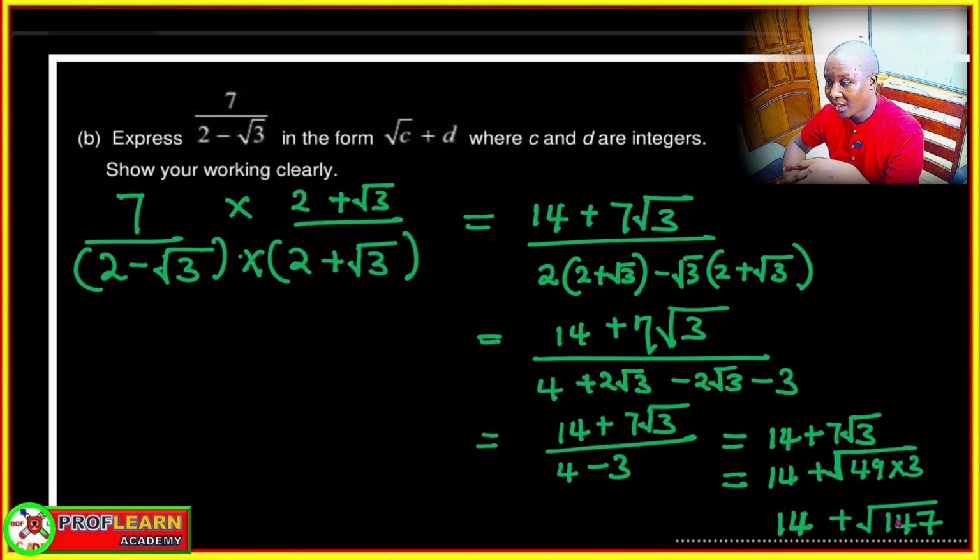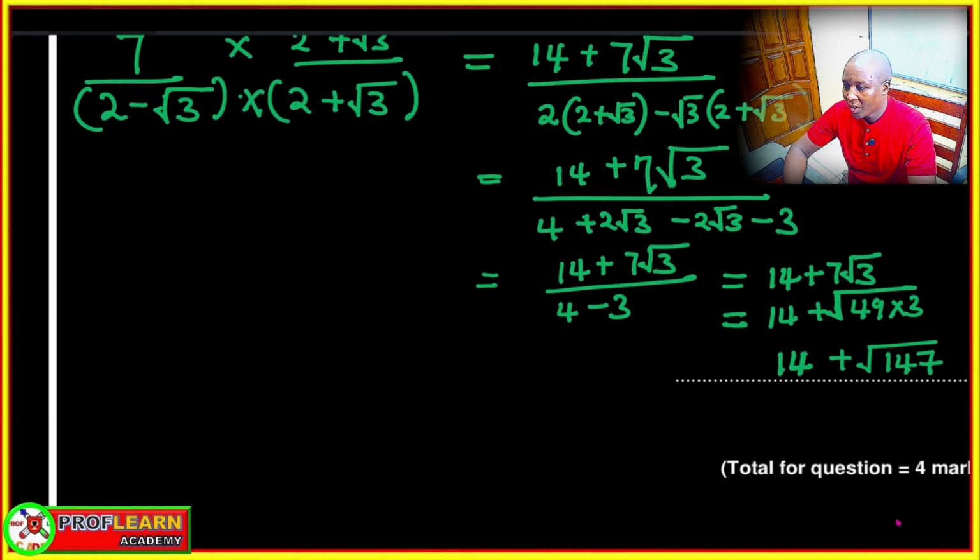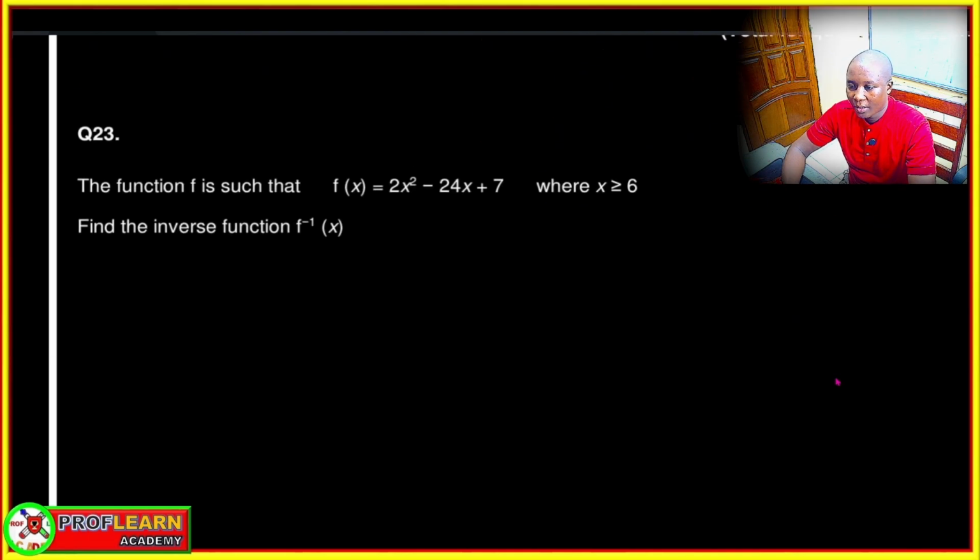But we are doing the reverse here. We are taking 7 in. But for you to take 7 in, you have to square it. That's basically what you are supposed to do in that particular question. So we can say root 147 plus 14. Because this is the form we were supposed to leave our answer: root c plus d.